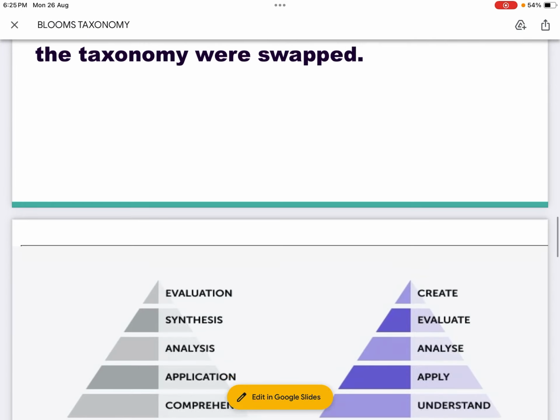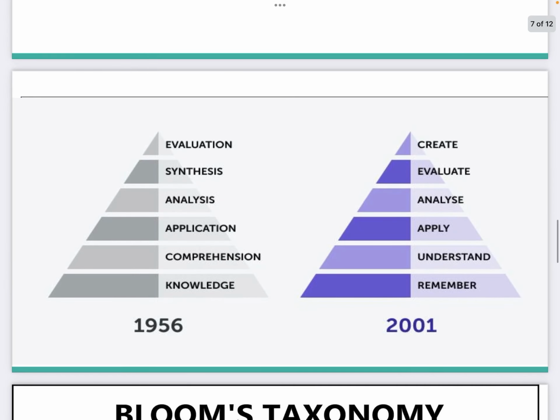You can see two pyramids. One is from 1956, given by Bloom, and the other is from 2001, the revised pyramid. Here you can see that all the levels are in noun forms: knowledge, comprehension, application, analysis, synthesis, evaluation.